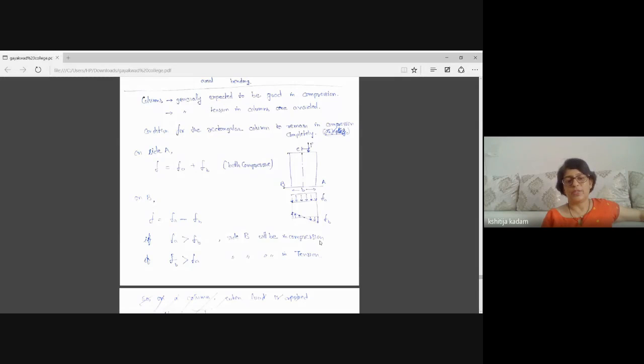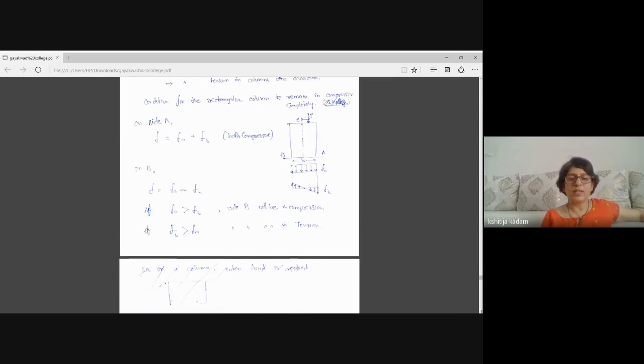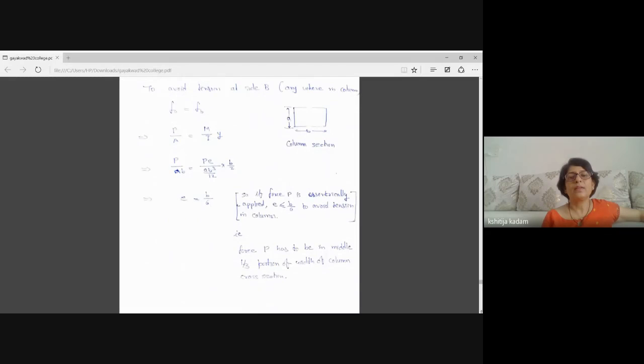That means side B will be in compression. But if FB is larger than FA, side B will be in tension, which is not acceptable in most cases. So we have to think of this in detail. To avoid tension on side B or anywhere in the column, the bending stress, which is tensile in some location, has to be at the most equal to the compressive stress FA.